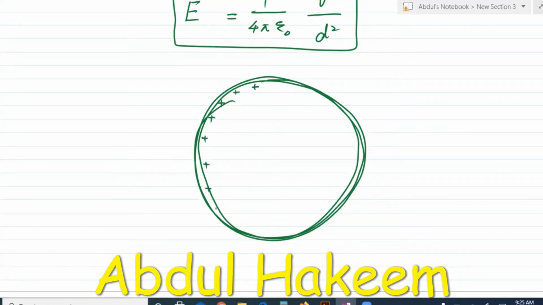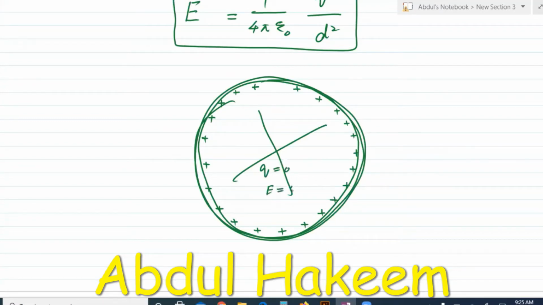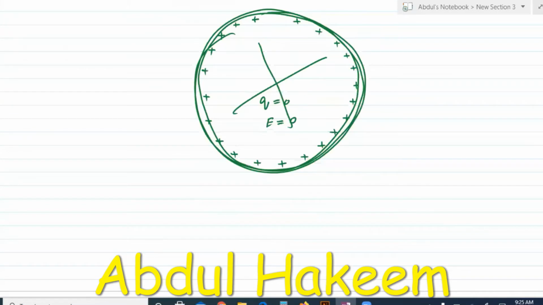Because the mass of the solid is concentrated inward, the charges will appear on the inner layer of the surface. This is solid. It means there is no charge inside. So when there is no charge inside, Q is 0, so from the above equation, E inside is also 0.